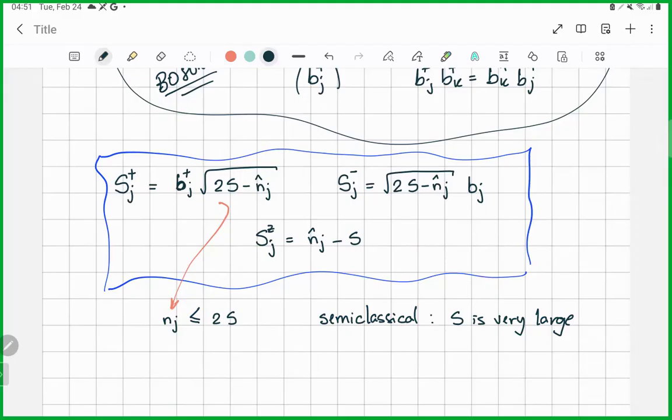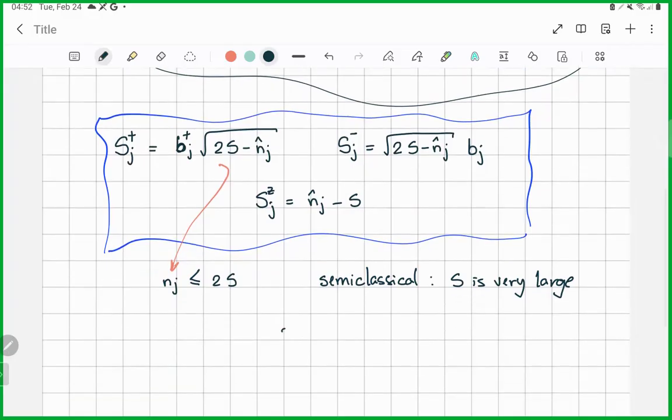And so in this case, when S is very large, we can write this square root in terms of an expansion.